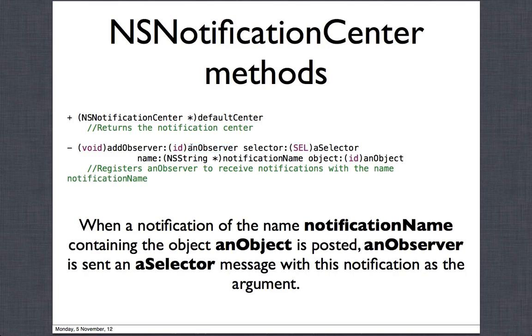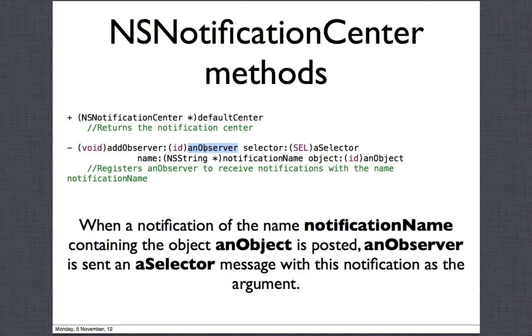So the first thing is, of course, the observer. Most of the time you're going to pass self, because you are the object and you want to add yourself to Notification Center to be able to react to some notifications, and you say, well, this is me. It should be self, but you can pass any pointer to any object.